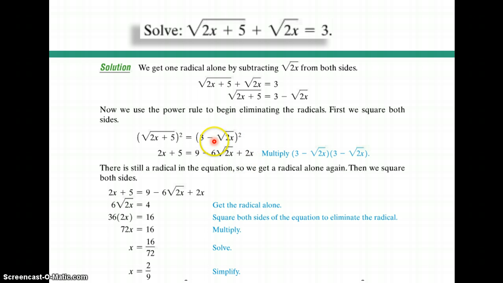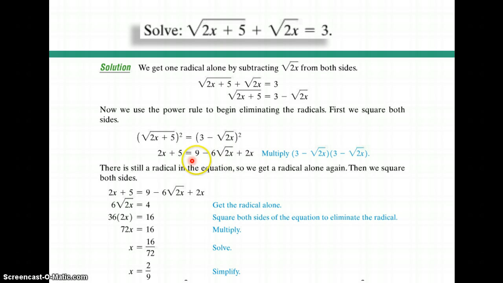This 3 minus square root of 2x whole square can be found out by using FOIL method of multiplying 3 minus square root of 2x times 3 minus square root of 2x, or by using the formula a minus b whole square equal to a square minus 2ab plus b square.